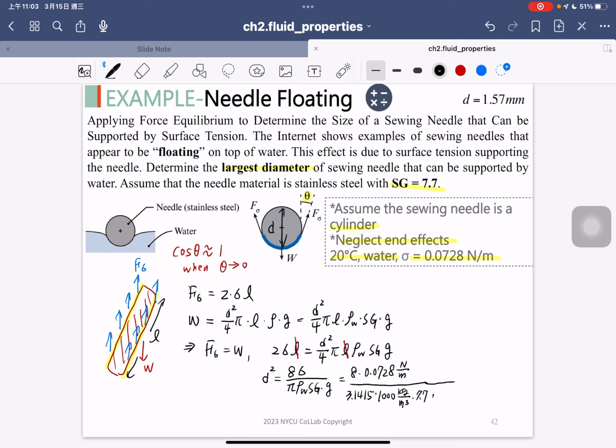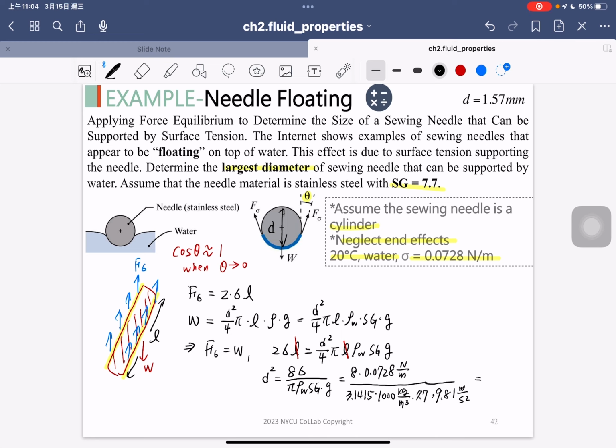And for gravity, I use 9.81 meter per second squared. You can do a dimensional check and compute the final answer. I use my calculator quickly to check the number, and you can do it yourself and double check in case something is wrong.